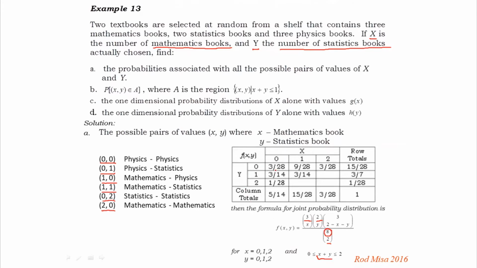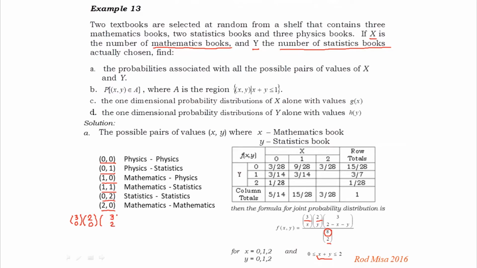So solving for our first probability, we substitute to our density function 3 taken 0 at a time, because you have the value of x which is 0, which means there is no mathematics book and there is no statistics book here. So this is the combination of 2 taken 0 at a time, but your 2 books will be taken from the physics books.